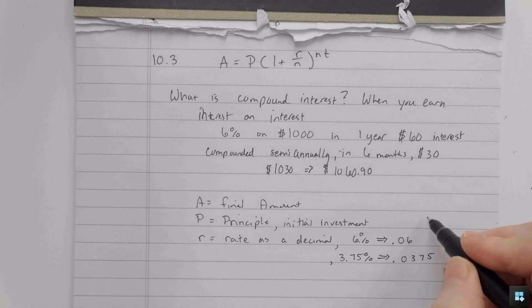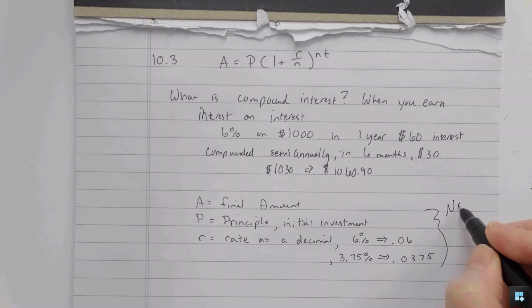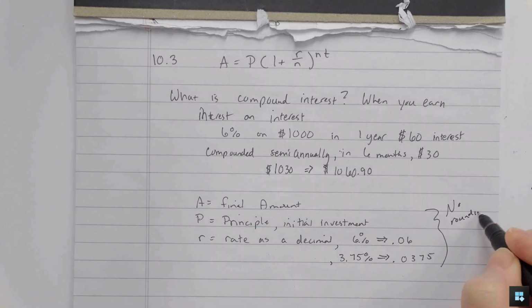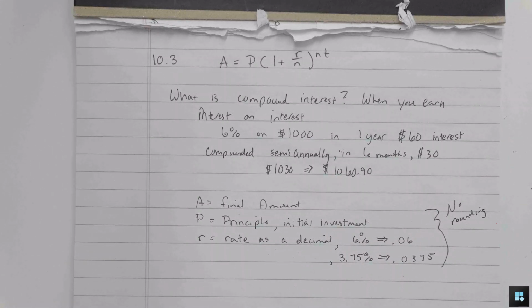No rounding throughout this, okay? Keep at least 4 decimal places. So your rate, R, is expressed as a decimal. Move your decimal place 2 to the left.